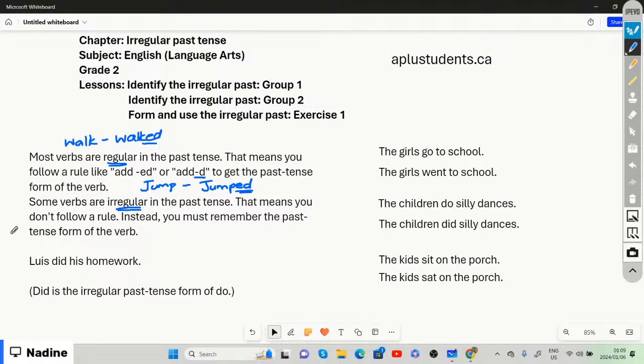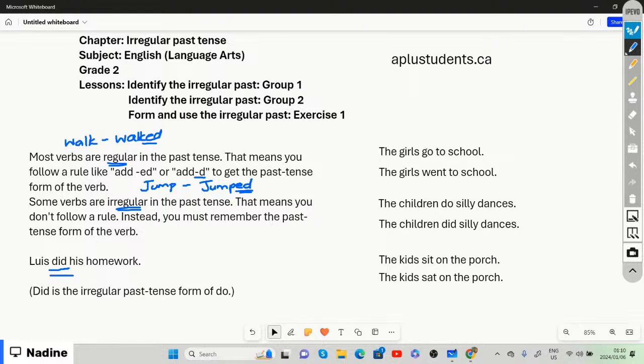And if we look at an example of irregular past tense, it says here, Louise did his homework. So did shows the past tense form.